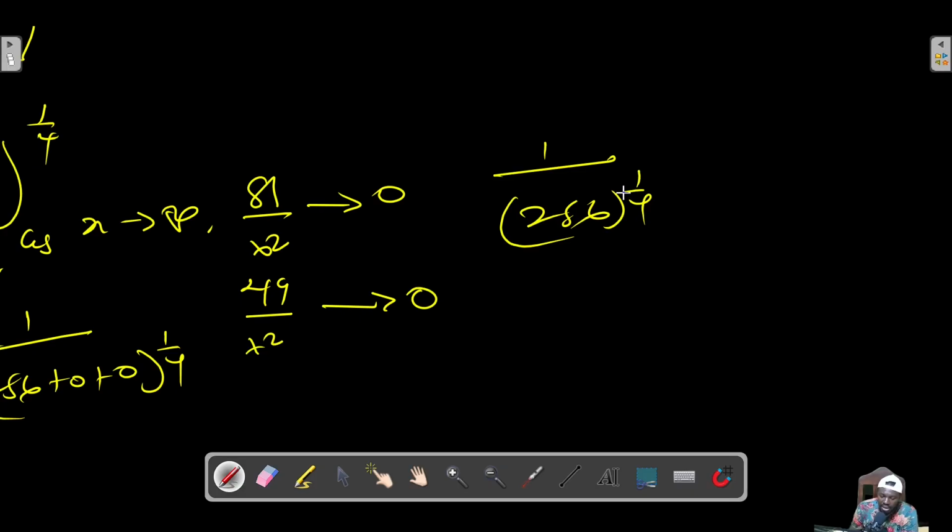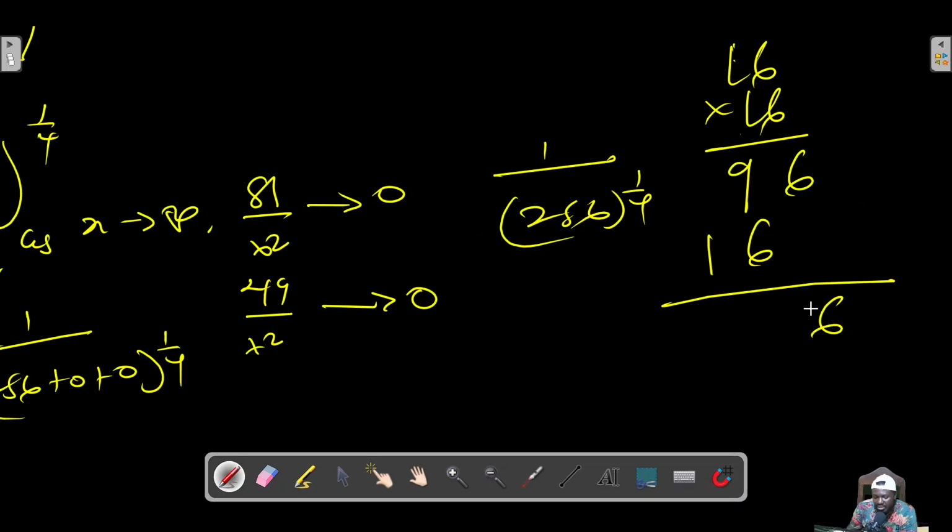Now, we know one specific thing. The square root of 256 is basically 16.